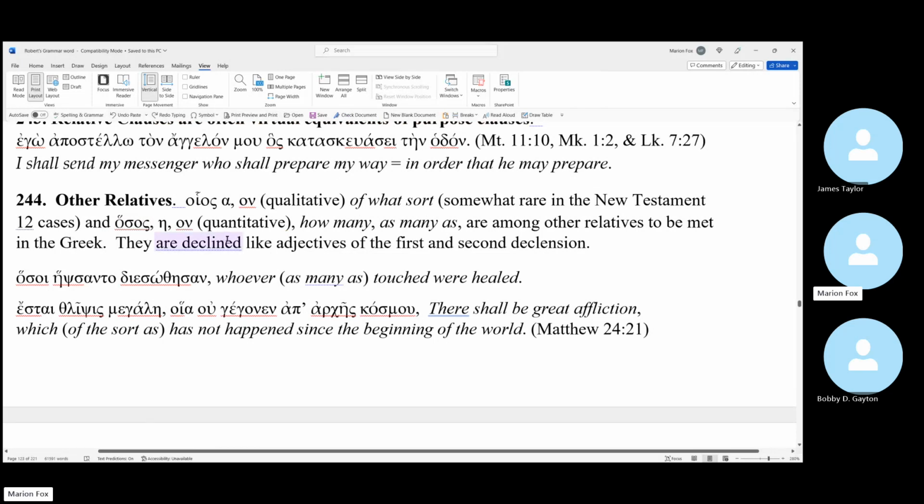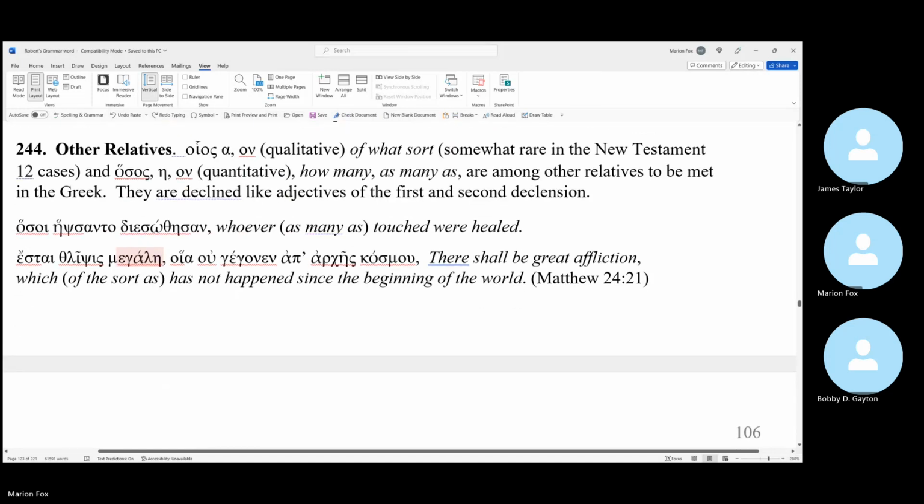They are declined like adjectives of the first and second declension. Here's an illustration of it: as many as touched, as many as touched or healed. Okay. And here's another one.